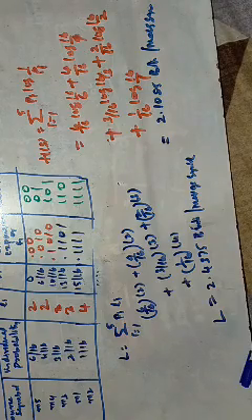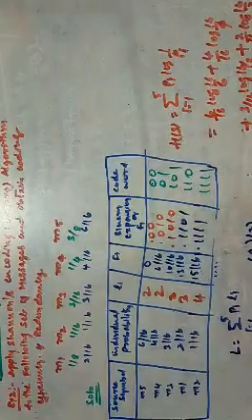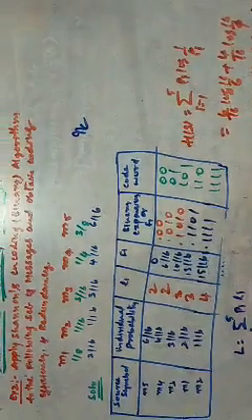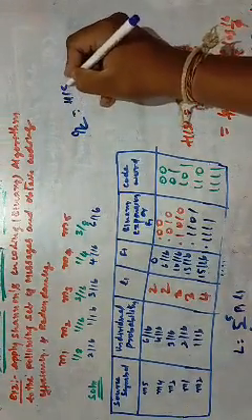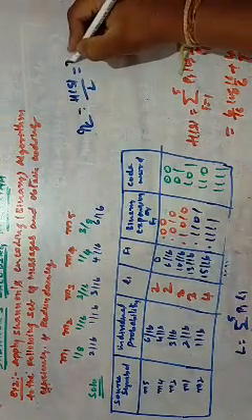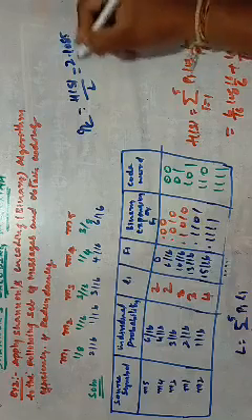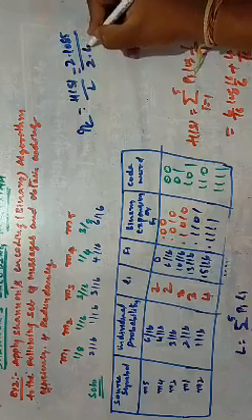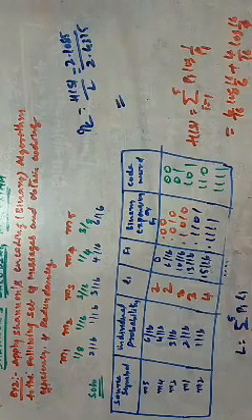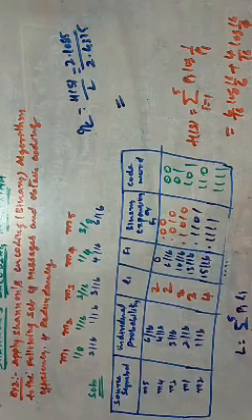Now we can find the efficiency, that is equal to H of S divided by L. What is H of S? That is 2.1085 divided by 2.4375, and the answer is 86.5%.